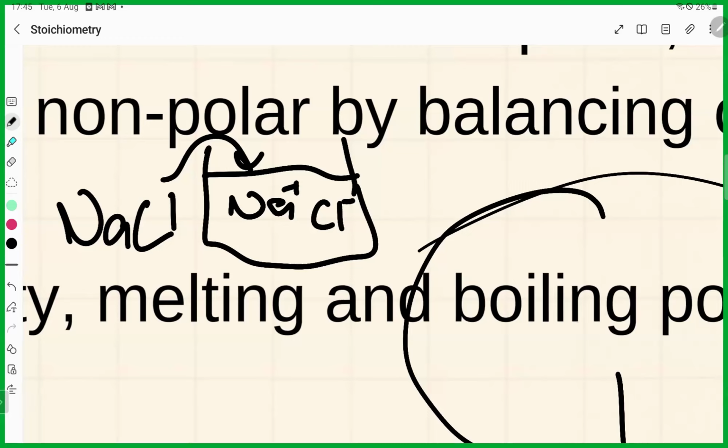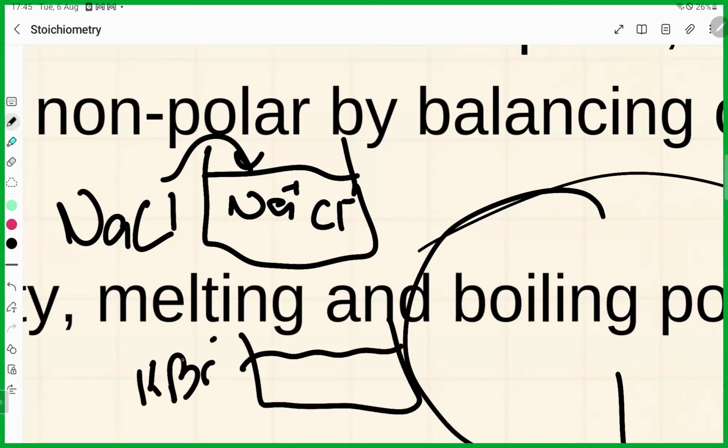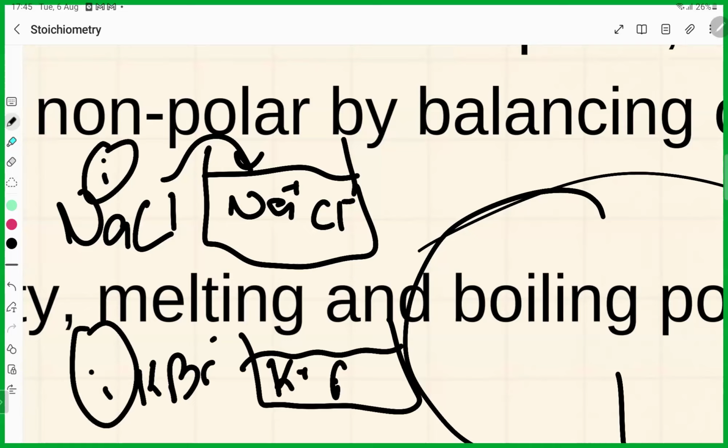Let's say KBr, K plus and Br minus, and we want to dissolve it in water. The bond between them is ionic, just like in NaCl. So KBr also ends up with two ions.